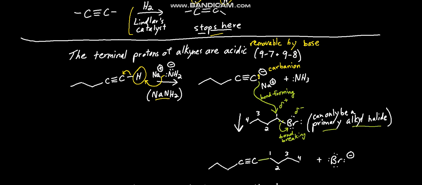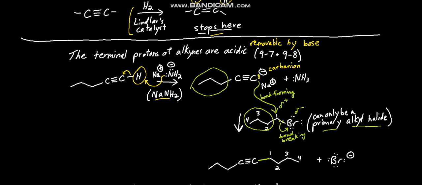So you end up with a new bond, as you can see here, and an extension of the carbon chain. And now you can see that if you can do this, you can do this with anything attached here, anything attached here, anything attached here. You can mix and match.